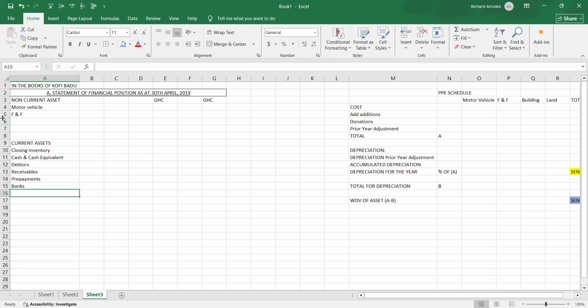Overdraft. If it is on the credit side, it is an overdraft, which is a liability. But then if it is on the debit side, it is the asset that we are talking about. Okay. All right.